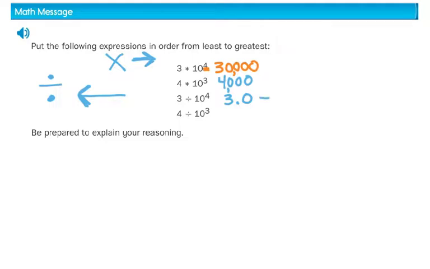So if I'm dividing by 10 to the 4th, remember the decimal point's going to move to the left 4 places. If I take 4, which is the same as 4.0, divided by 10 to the 3rd, the decimal point's going to move to the left 3 places. So put those in order and be a person of integrity.